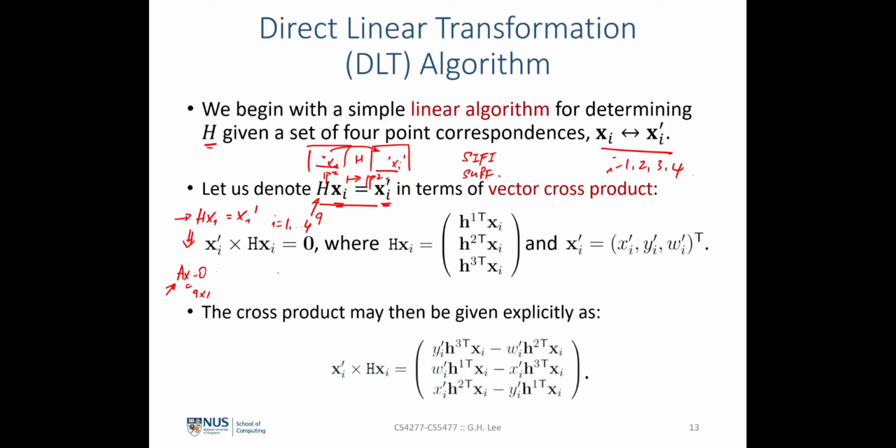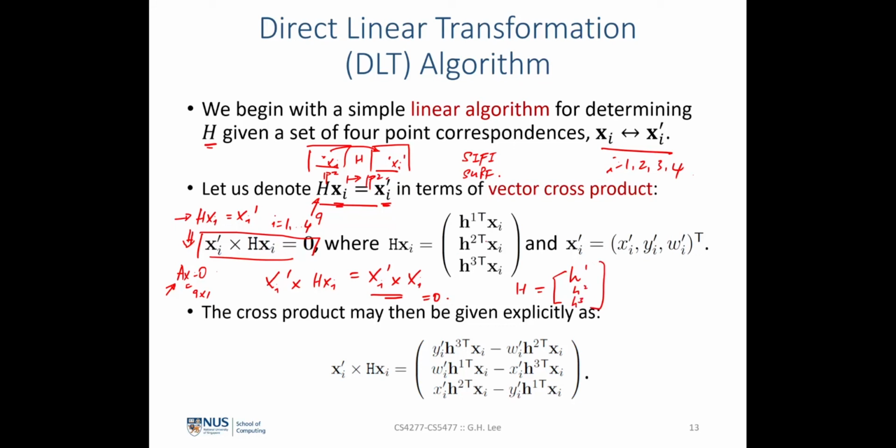So we will take xi prime cross H xi equals xi prime cross xi prime. And we know that any vector, when it's cross product with itself, is going to be equal to 0. Hence, we'll get this relation, where we can rewrite H into the respective rows, h1, h2 and h3.